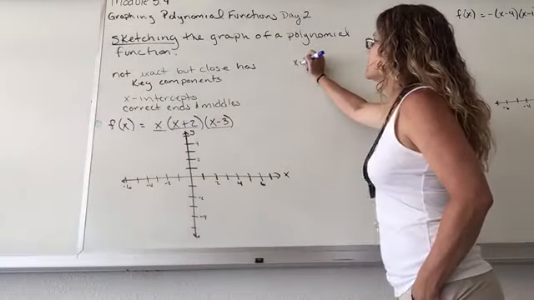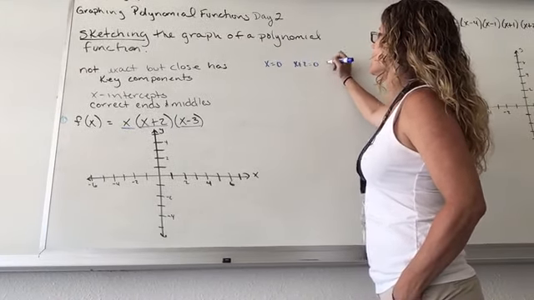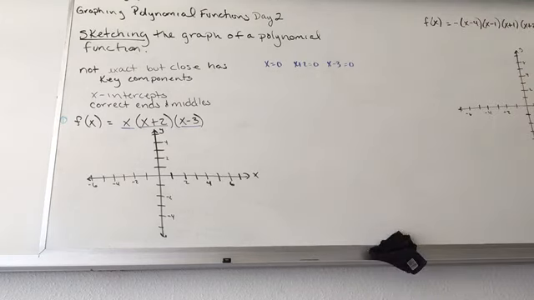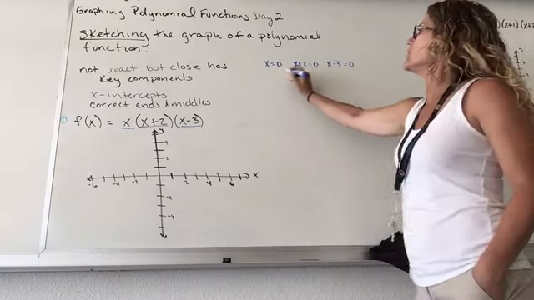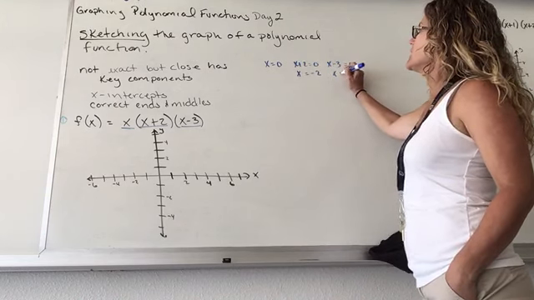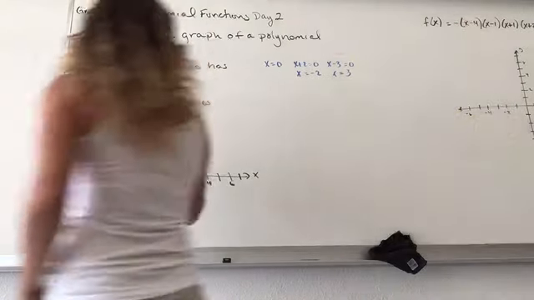We're going to set each of those factors equal to 0. Well, we get x equals 0, x plus 2 equals 0, and x minus 3 equals 0. We're going to solve each for x. This one's already done, so this becomes x equals negative 2, and this is x equals positive 3. Those are our three intercepts, where it crosses the x-axis.